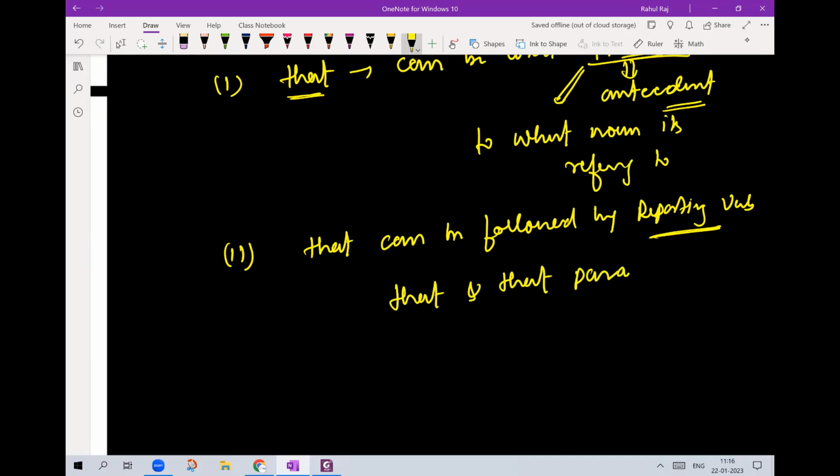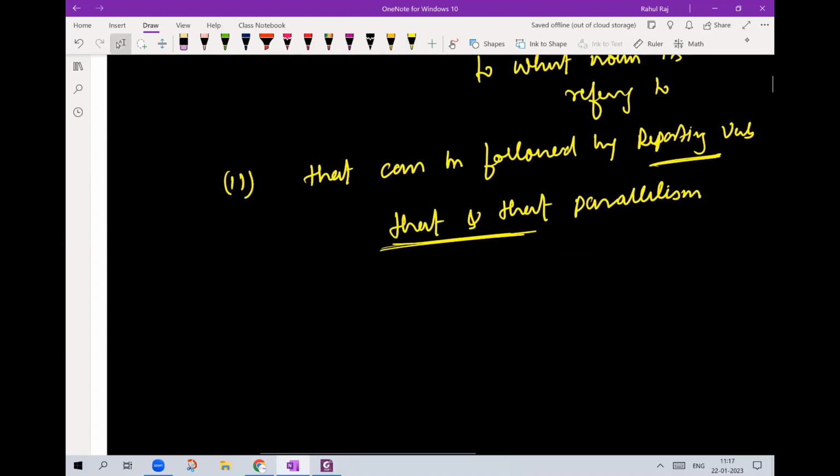What do you mean by that and that parallelism? Any one of you? What does it mean? It simply means that in a normal sentence, every clause in the sentence should start with that.